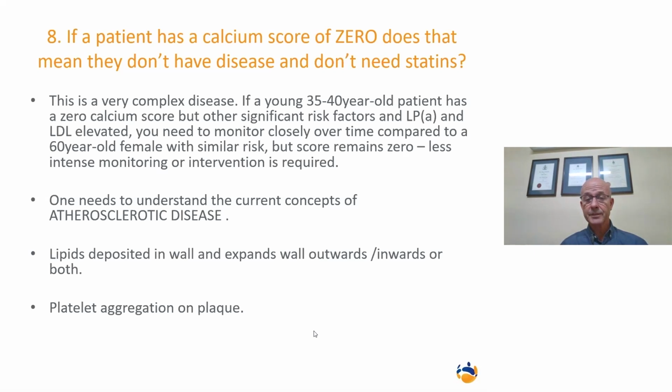And if his risk is intermediate or certainly in the high range, I would strongly consider statins, particularly if his LDL cholesterol or lipoprotein B or lipoprotein little a is markedly elevated, and particularly if he's a diabetic or has a strong family history of premature coronary disease, because we don't want a patient to be exposed to a lot of very strong risk factors without any protection. So I don't think a 0 calcium score gives us enough ground.